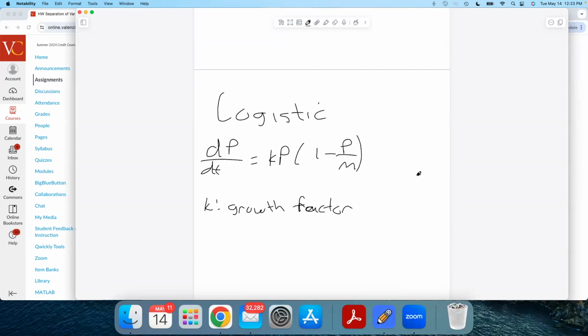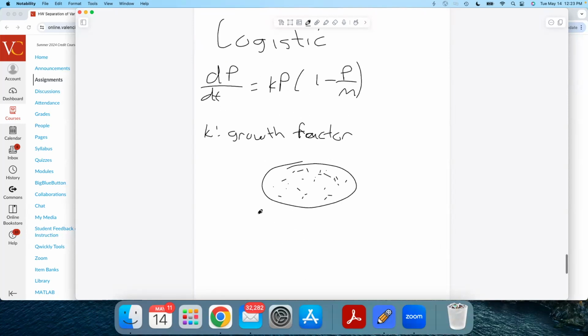I can never keep those terms straight. It's either the growth rate or the growth factor. Don't stress about it. It tells you how quickly, say you have bacteria in a petri dish, they are reproducing. But in a petri dish, you can only fit so many bacteria. Once you reach a certain level, they're too crowded and fighting for resources. Anytime you have a situation like this, you have what's called a carrying capacity.